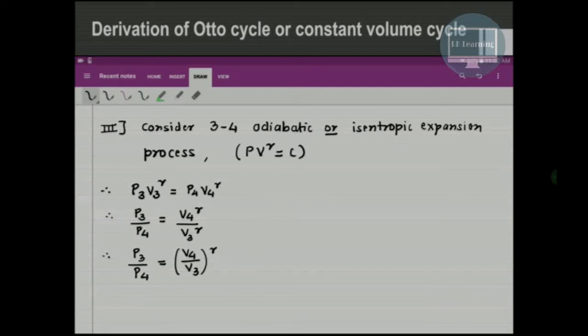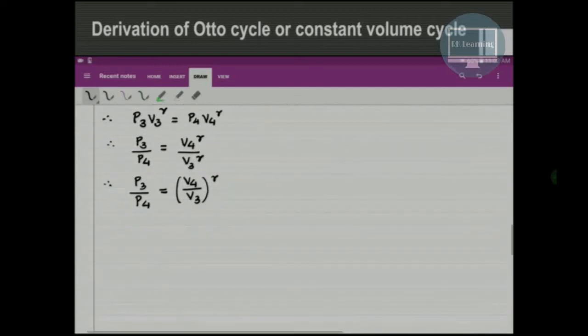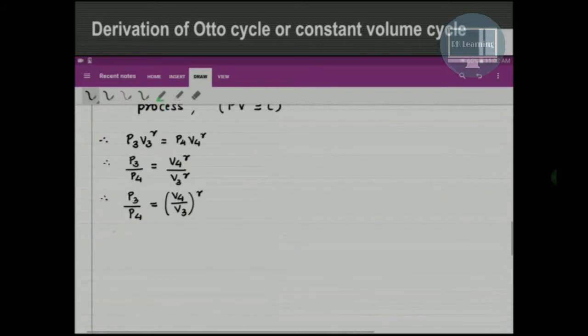Now this is nothing but the expansion ratio. V4 upon V3 is nothing but the expansion ratio. But in this particular case, expansion ratio and compression ratio both are same. So P3 upon P4, in place of V4 we can write down V1 because V1 and V4 both are same. Similarly, in place of V3 we can write down V2.